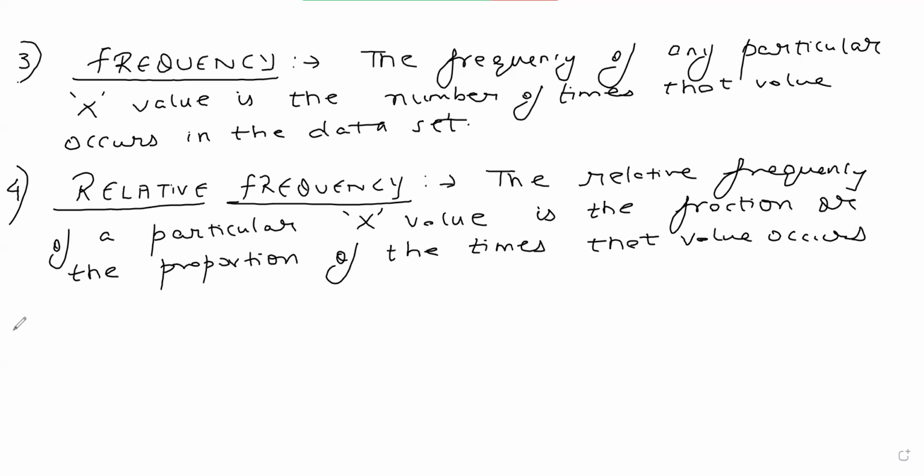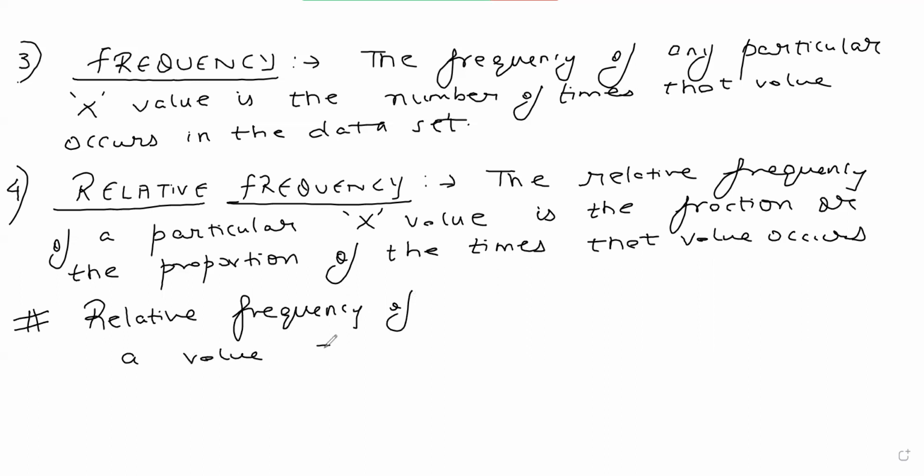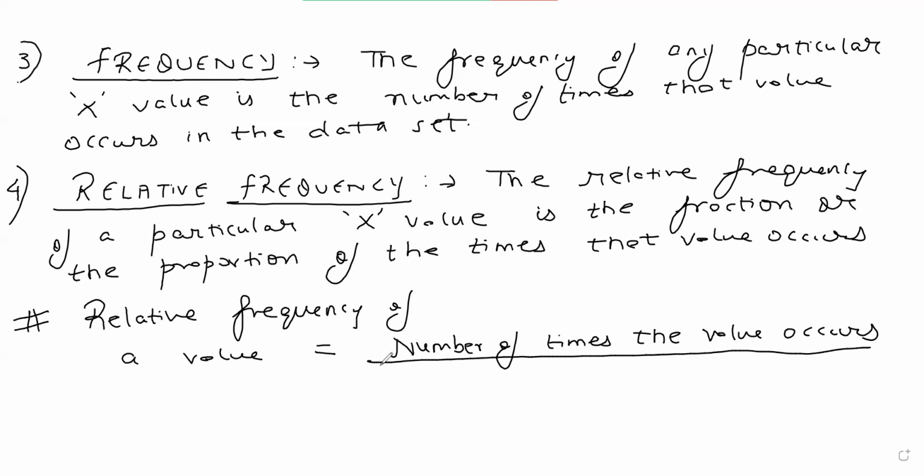So students can now write the formula. Mathematically, we can say that relative frequency of a value is equal to number of times the value occurs divided by number of observations in the data set.